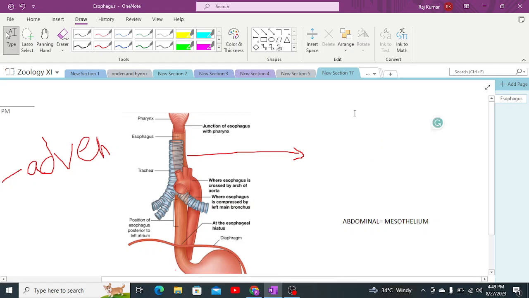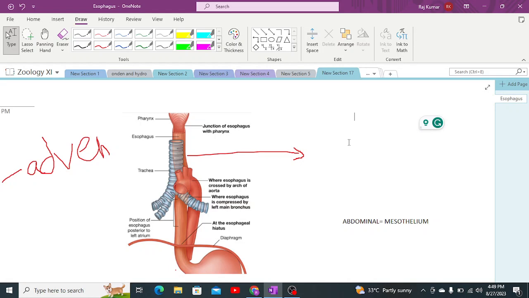I'm not sure about the spelling. The esophagus starts from the part where the cricoid cartilage ends. The esophagus is not attached to the cricoid cartilage, but it starts where the cricoid cartilage ends, as you can see in the diagram as well.